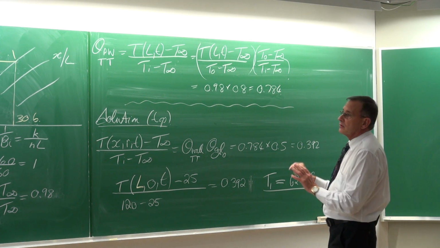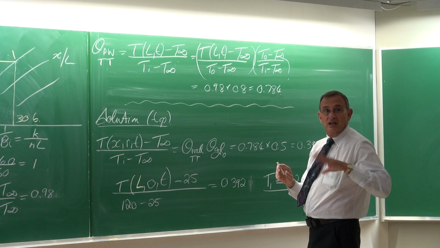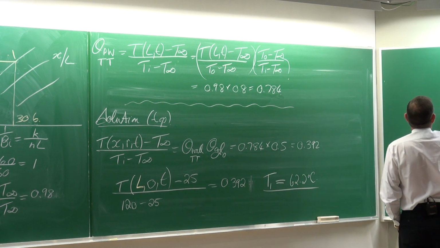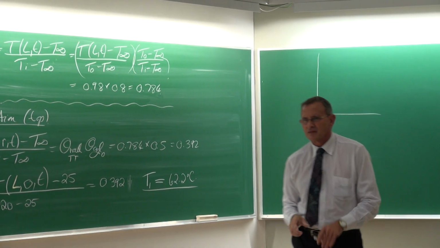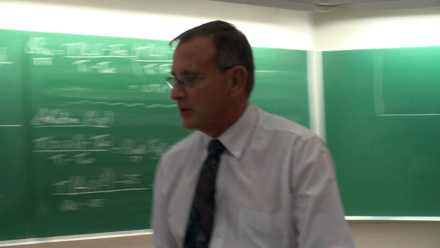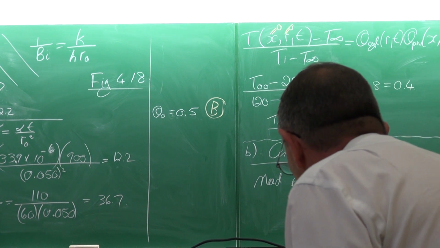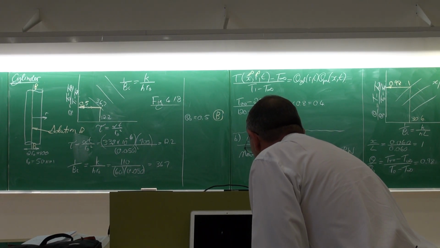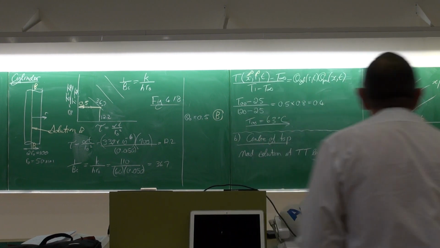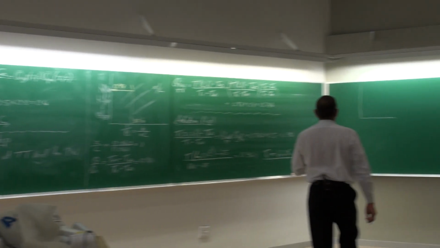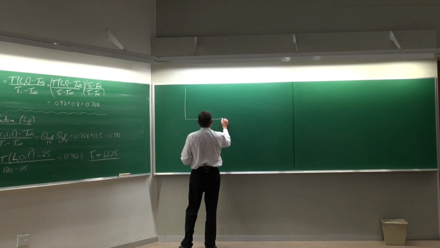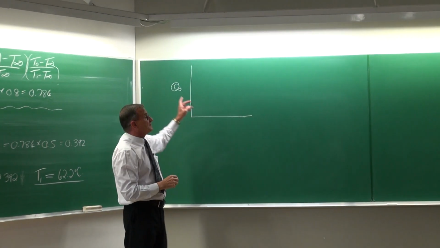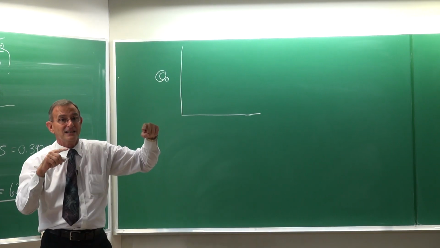Oh, right, okay. Let's just go back to the Heisler charts. Let me see if I can get one quickly and show you one again. No, it's going to take too long now. But in terms of the Heisler charts, the first chart gives you the temperature at the center.